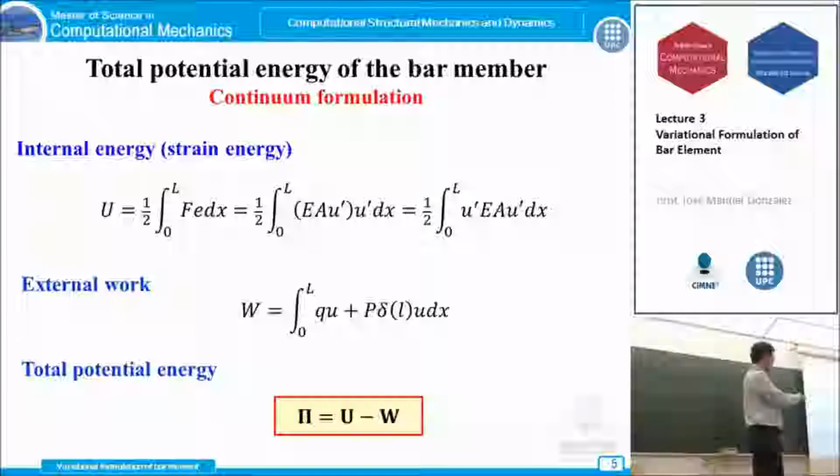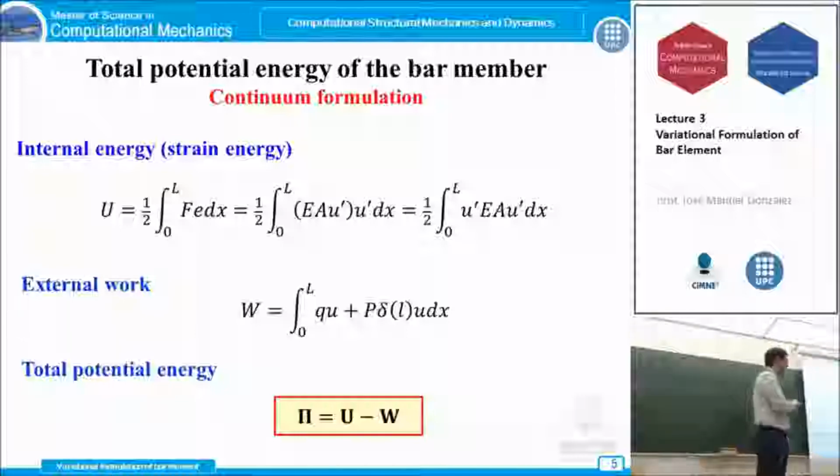Well, great. So we can calculate this internal energy using this expression here, integrating this internal energy density across the bar element. If we express this force using the rigidity and the first derivative of the displacement, this u apostrophe, our internal energy is calculated like the second one, and we reorder these terms.